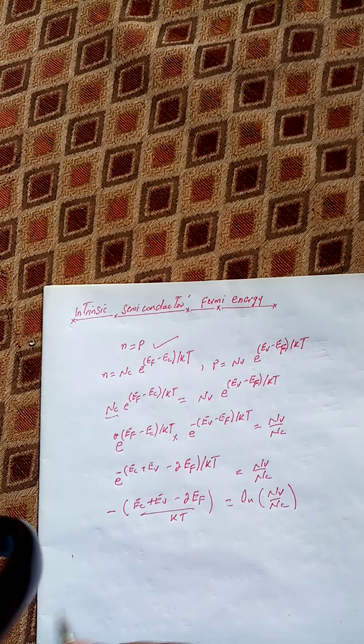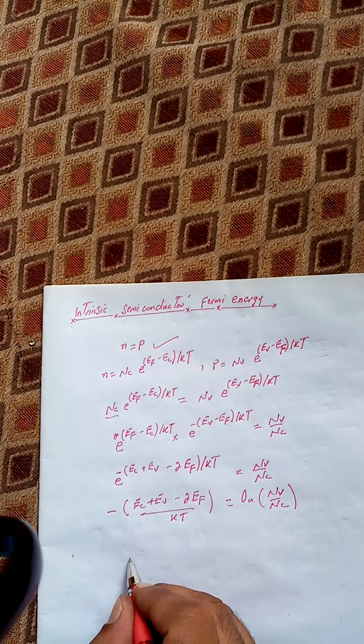If we rearrange this, we get EF equal to EC plus EV over 2 plus kT over 2 into ln NV over NC. Just bring this factor to this side and divide by 2, we get this relation.